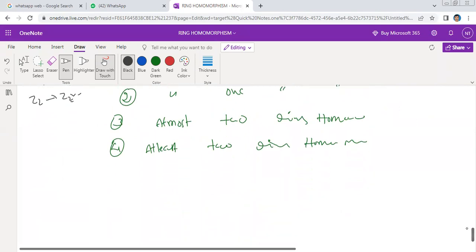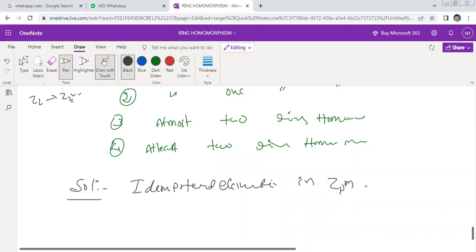What are the idempotent elements of this ring? 0 and 1. Therefore, the idempotent elements in Z_p^m are only 0 and 1.